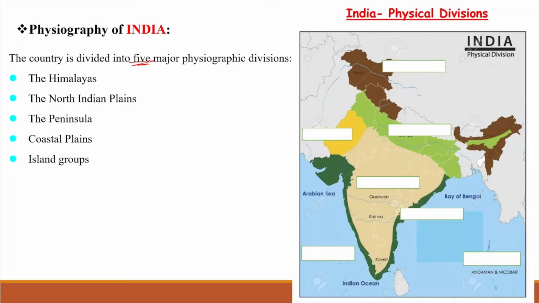So, if you see the northernmost part of India on this map, the brown shaded region, this is the first division known as the Himalayas, mostly mountainous regions.